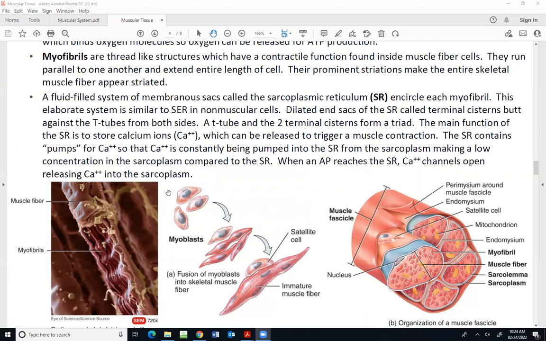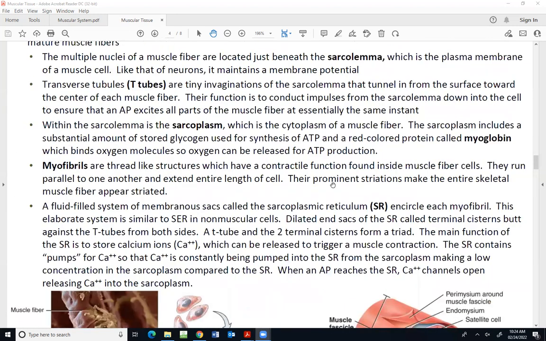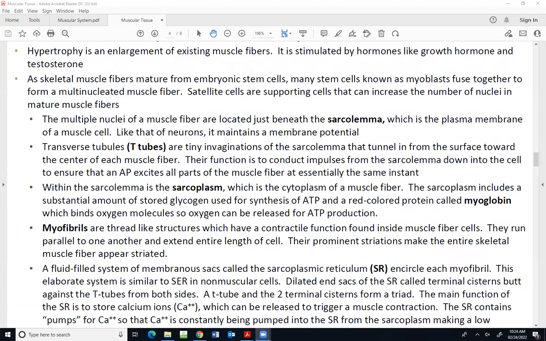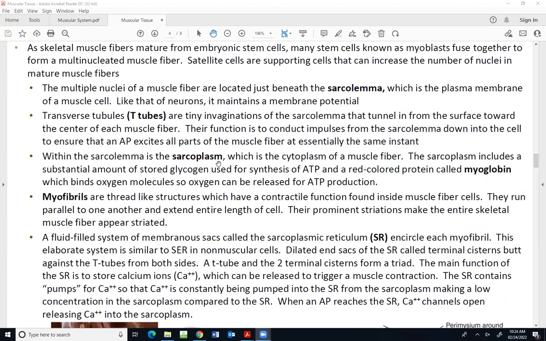Okay, the last slide that we left off on detailed muscle fibers and the fancy parts of them, which include those myofibrils, but also some newer terms to describe things that we've already learned about, like the plasma membrane of a muscle fiber, which goes by the term sarcolemma. The sarcoplasm is the fancy term for the cytoplasm of a muscle fiber.